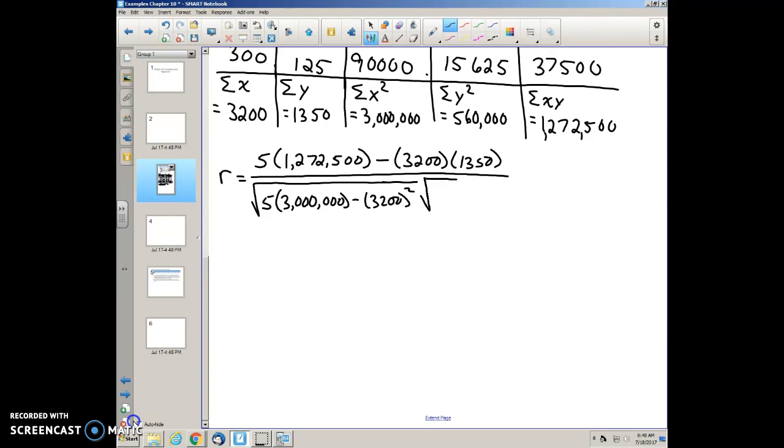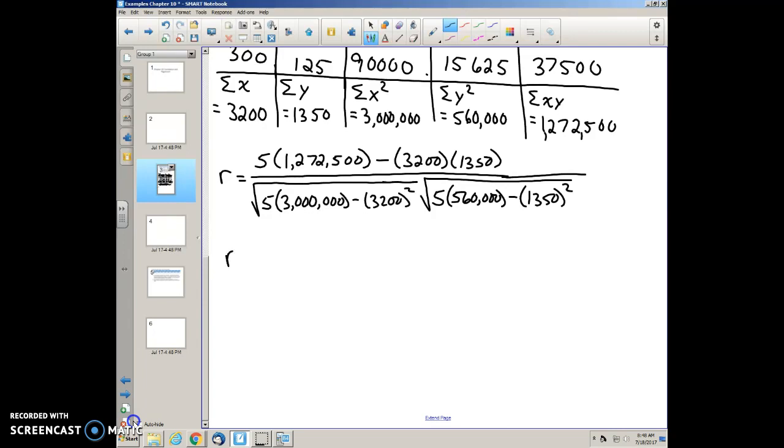Then another square root. Then we have n, which is 5, times the sum of y squared. So that's the fourth column. Minus the sum of y in parentheses squared.